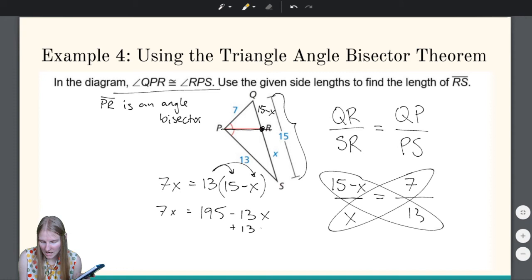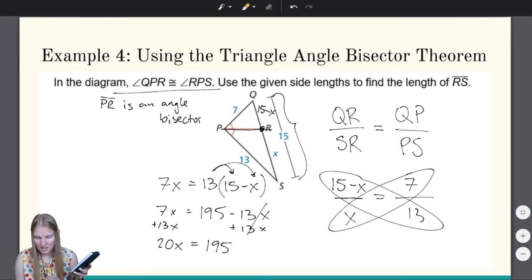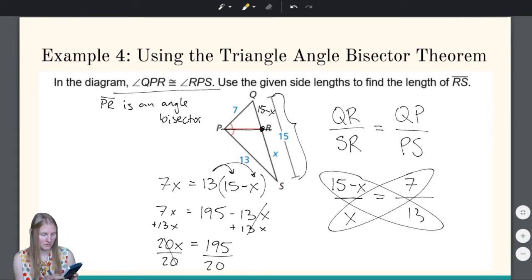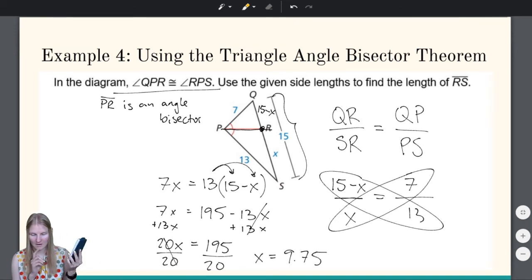Let's add 13x to both sides. 7 plus 13 is 20. The 20x equals 195. Divide by 20 on both sides. And we get that x equals 9.75.